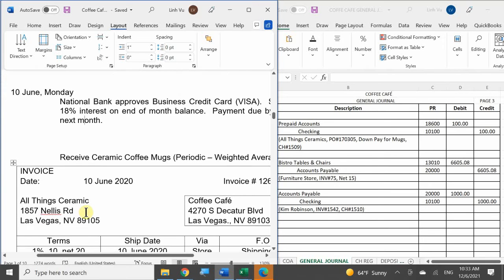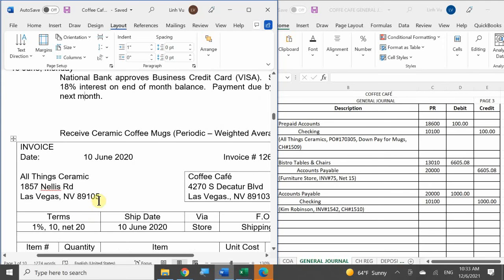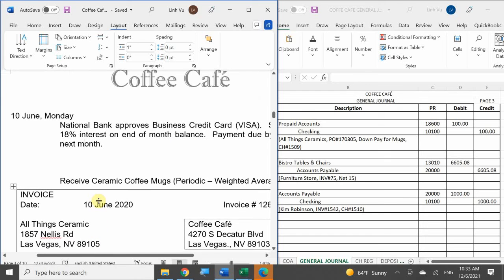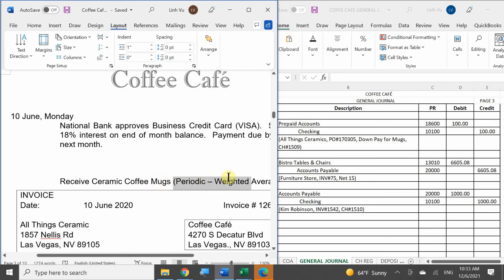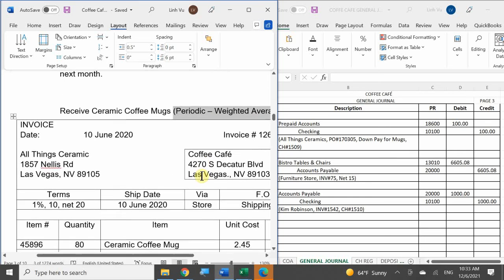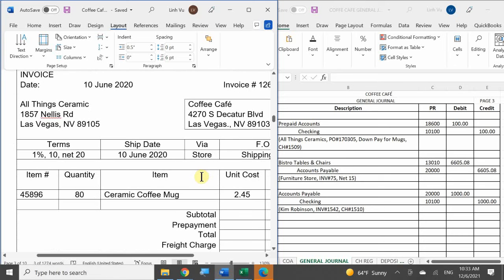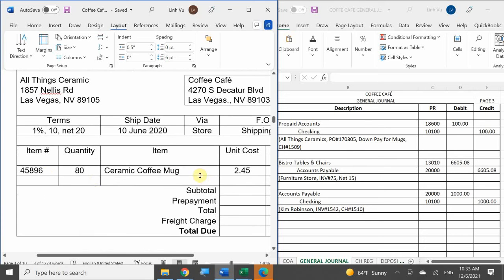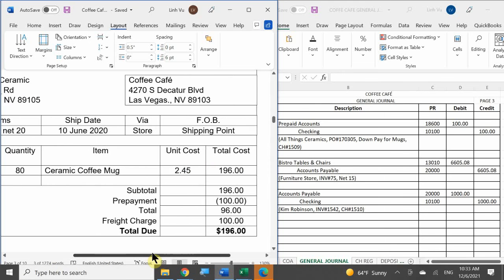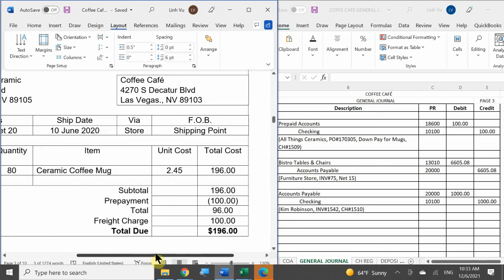So now we finally received our coffee mugs. Now let's take a look at this. We received our ceramic coffee mugs. It is periodic weighted average inventory. So here's the information: we purchased 80 ceramic coffee mugs at $2.45 each, giving us a grand total of $196.